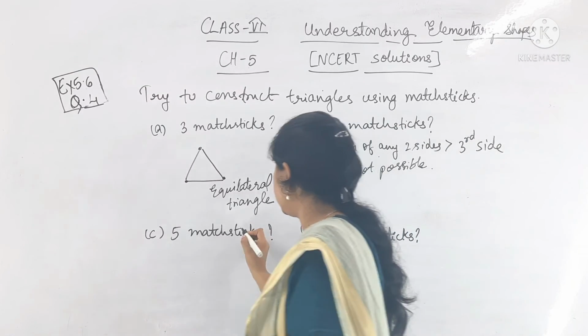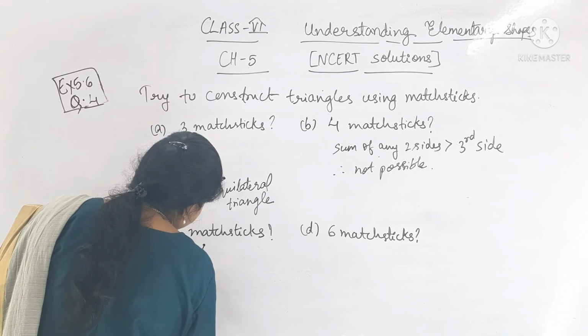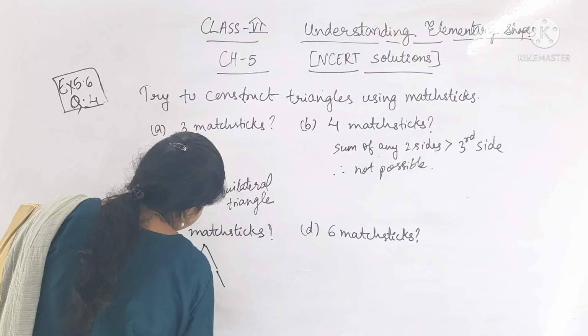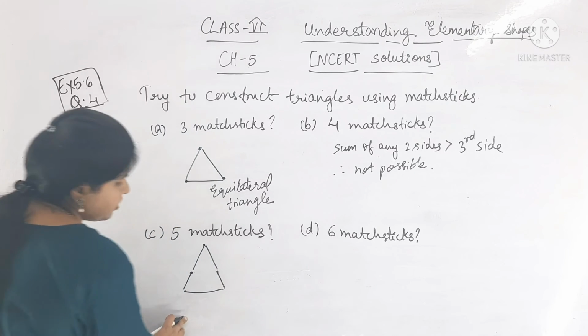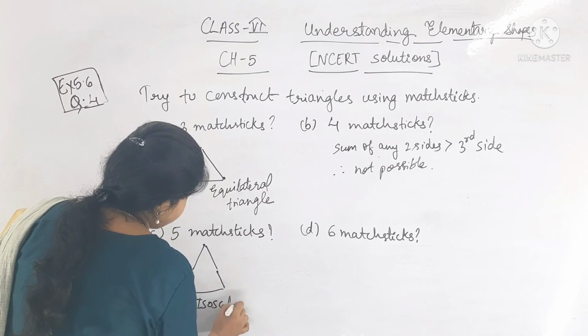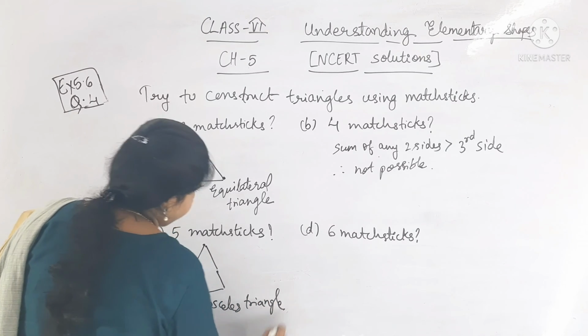Five matchsticks is here: 1, 2, 3, 4, 5. This is the 5 matchsticks, that is an isosceles triangle.